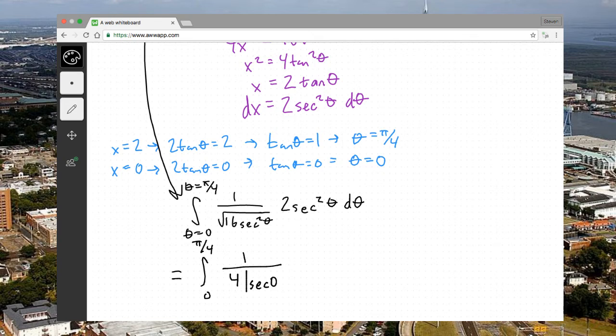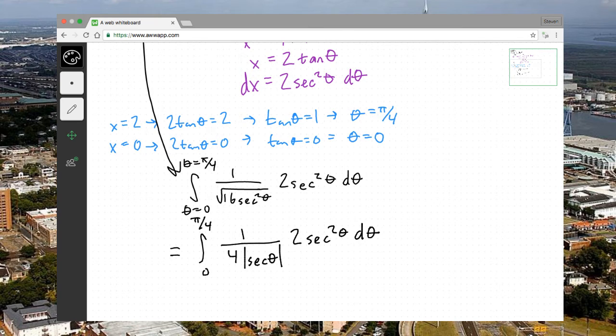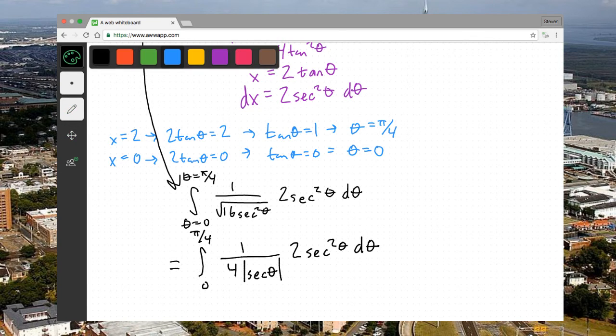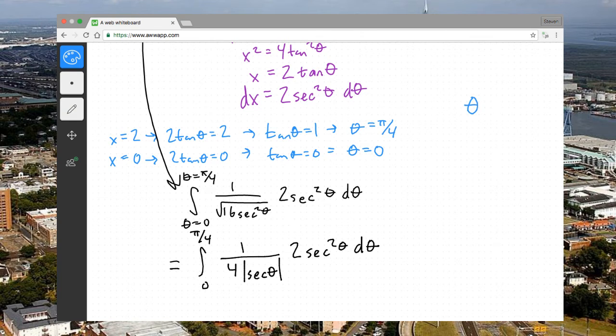And here the absolute value does matter because this is not our choice to let x equal 2 tangent of theta like we did before. Here we have the square root of a square, which is the definition of absolute value. Now fortunately, looking at our bounds, and this actually does not rely on the fact that we're dealing with a definite integral, remember, our promise when we do these sorts of substitutions is that theta is between negative pi over 2 and positive pi over 2.